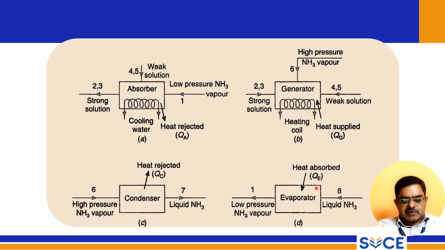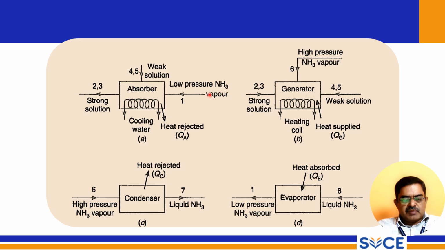So the heat absorbed is QE, and that is the input to the absorber. So this is the last step, and that becomes the first step because it is a cyclic process. And absorber cooling water is given. Q heat rejected is QA here, with strong solution from absorber and weak solution to absorber. So that is 4, 5, and 4, 5 is coming from here.